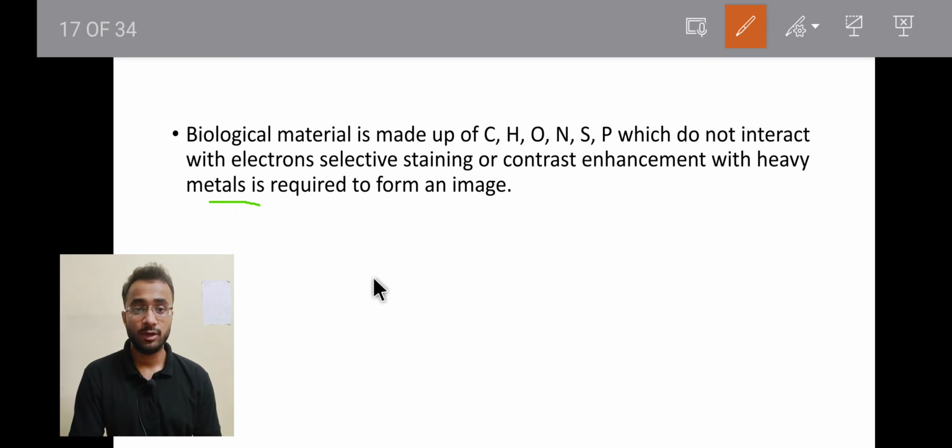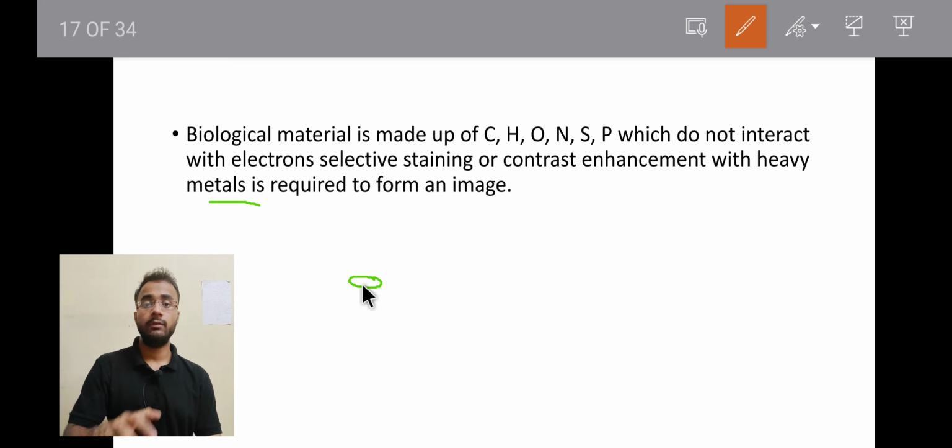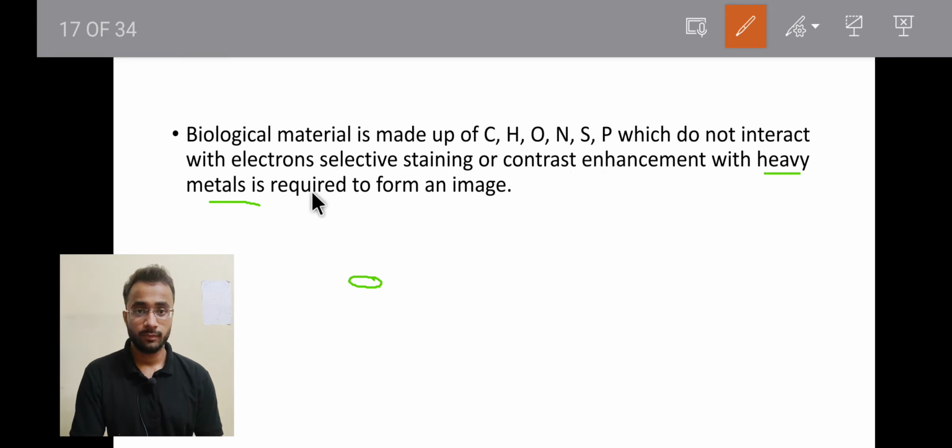Biological material directly does not interact with electrons, so we give a treatment of heavy metal so that it can form a sharp image.